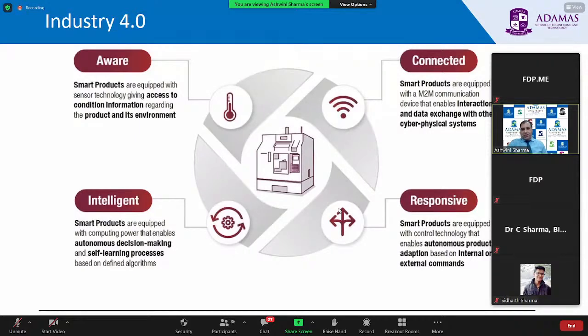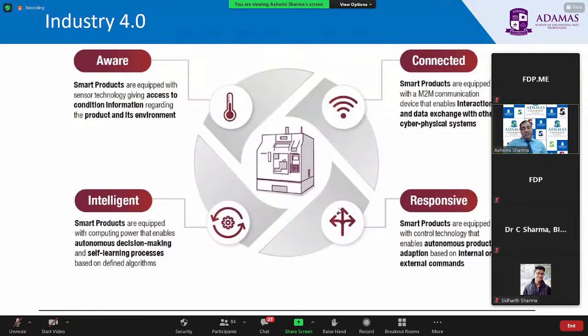Then the Industry 4.0 system should be very responsive. Smart products are equipped with control technology that enables autonomous product adaptation based on internal or external commands. Internal command is maybe putting some program into the system so that it automatically calculates things and takes the necessary action. Or sometimes it is from our side where we are giving the command.